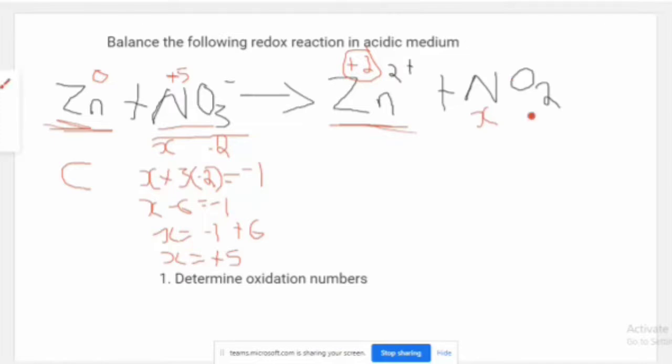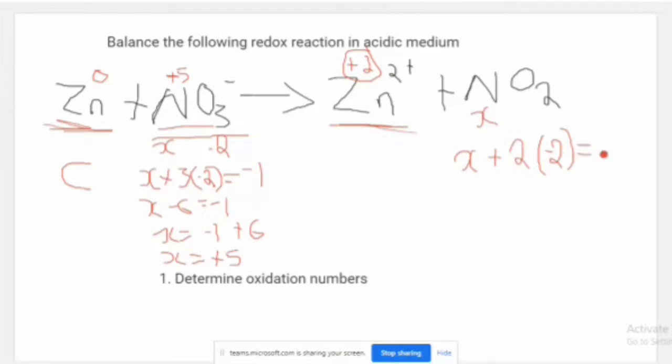Then this is going to be X plus how many atoms of oxygen do we have? There are 2. So 2, then minus, then open brackets, the oxidation state for oxygen, which is -2. Then this should be equal to.